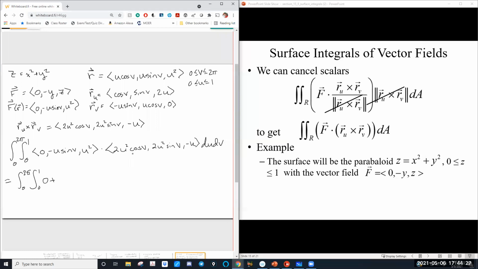Here we're going to have a negative u times 2u squared, so that'll make it a minus 2u cubed. And then we've got a sine v times a sine v, so sine squared v. And then a u squared times a negative u squared, so minus a u cubed. And du dv.